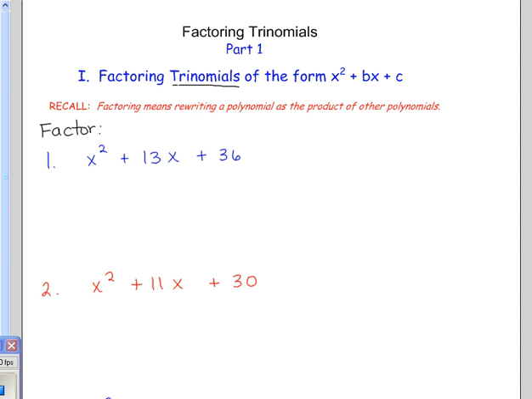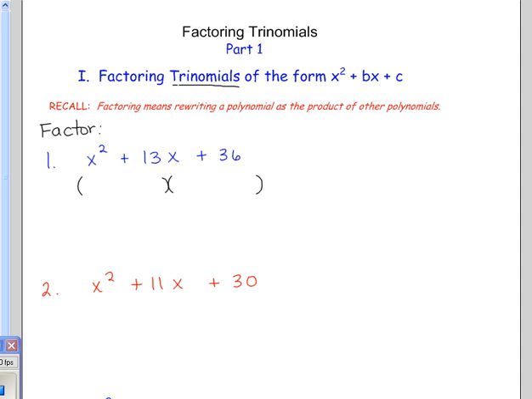Now I want to try to break down this trinomial as a product of 2 binomials. It's kind of like the opposite of the FOIL method. When we were multiplying 2 binomials in the previous chapter, we used the FOIL method to get a polynomial answer. Well, now we want to go in the opposite direction.